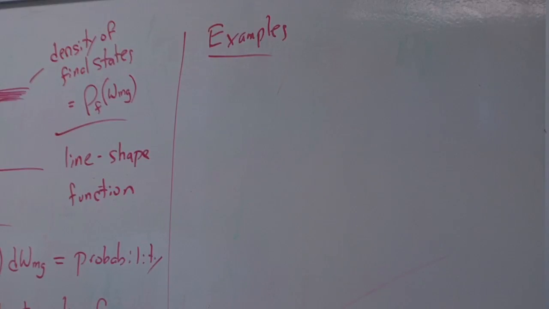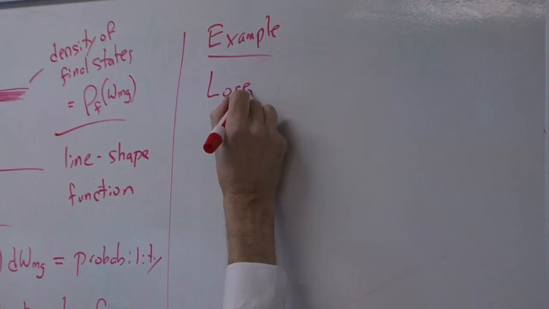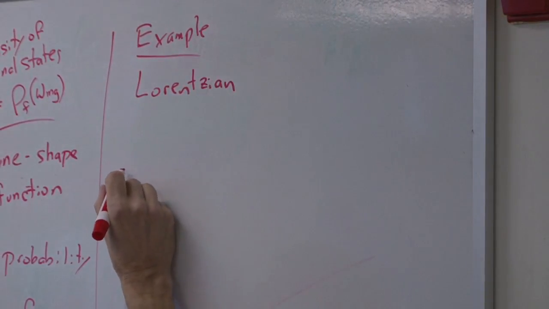Okay, so let's do the Lorentzian, because this is the one. Well, spontaneous emission gives rise to a Lorentzian. So if one of these is more fundamental, it would be that. So the example that we will give here is that of a Lorentzian.